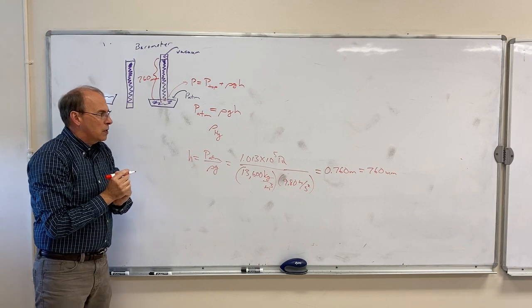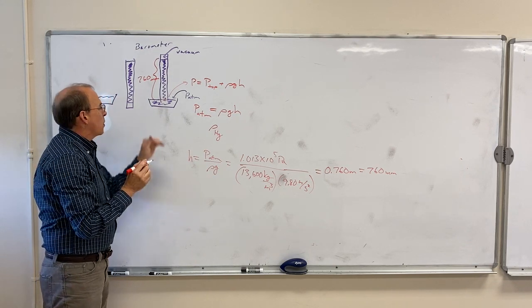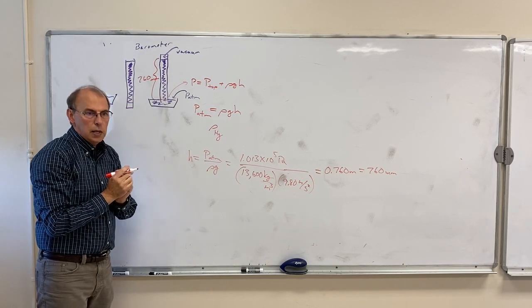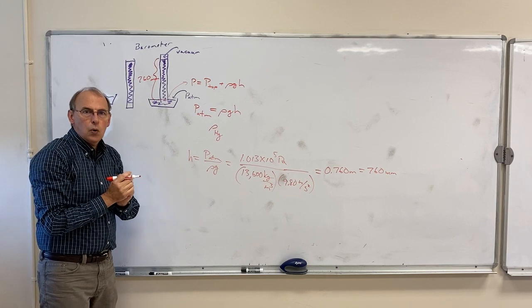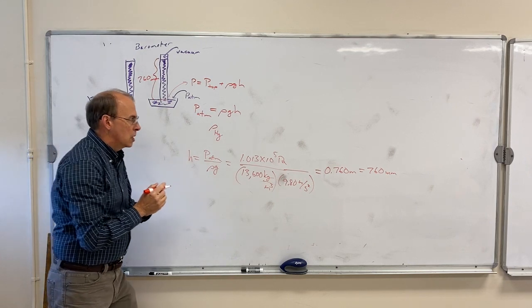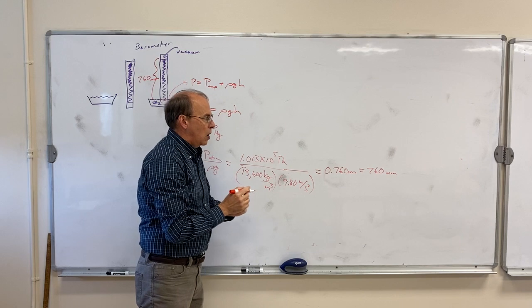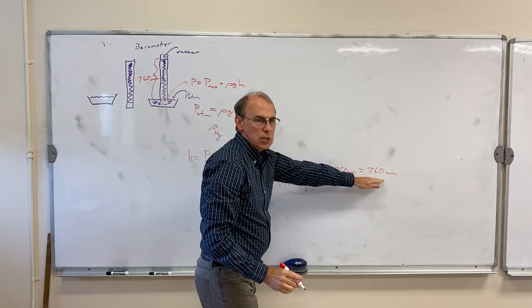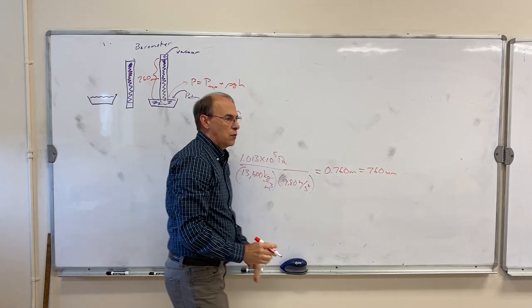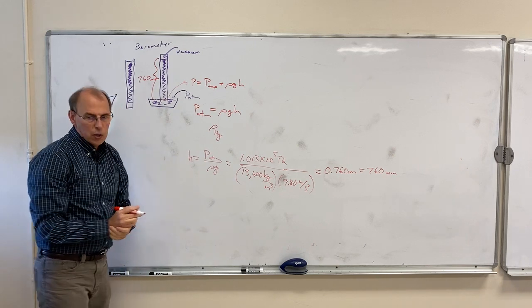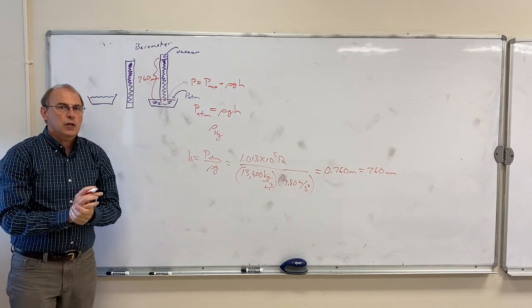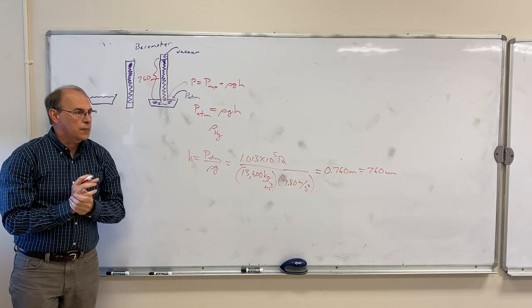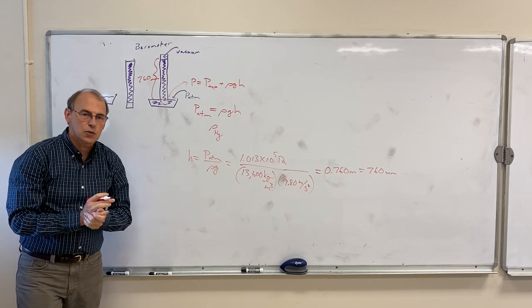A column of mercury 1 millimeter high exerts a pressure called a torr. So this would also be 760 torr if you've run into that unit as well. All right, well that's a lot. You can practice that as always in your homework.